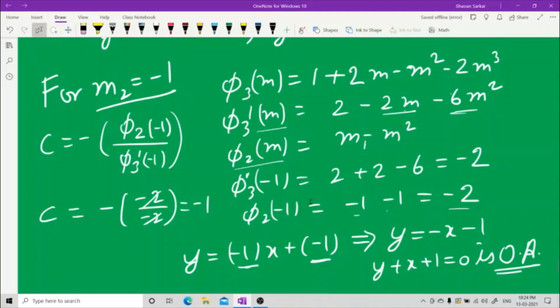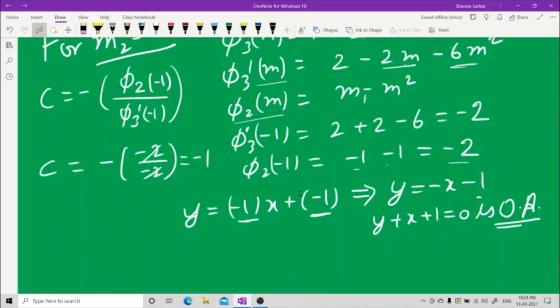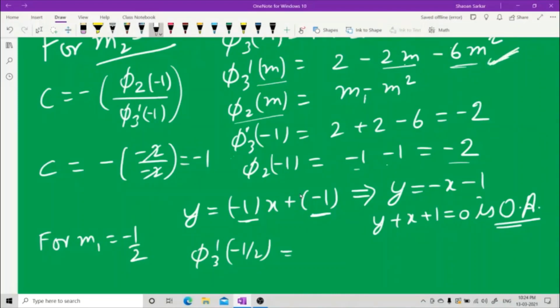Now for m equal to m1, m1 is minus half. Now phi 3 dash at minus half. See what I will do, I will put it in this equation. 2 minus 2 into minus half minus 6 into 1 by 4, because the square of minus half is 1 by 4.